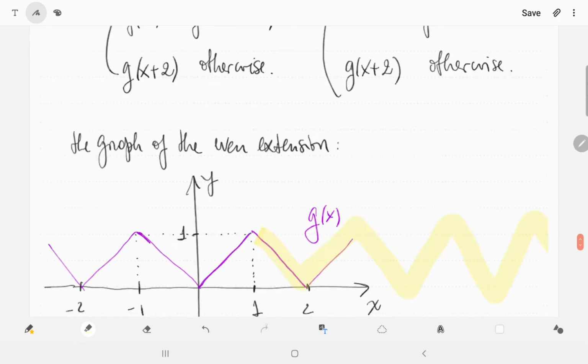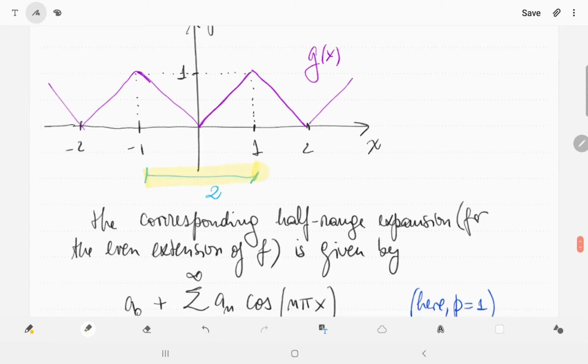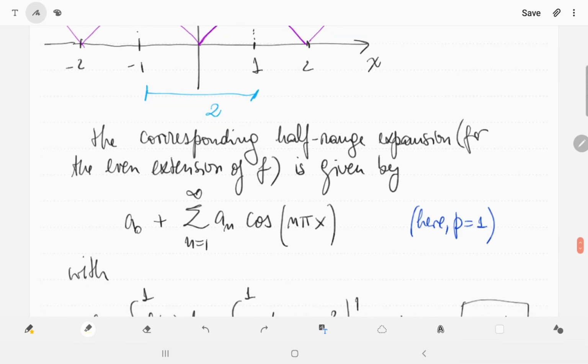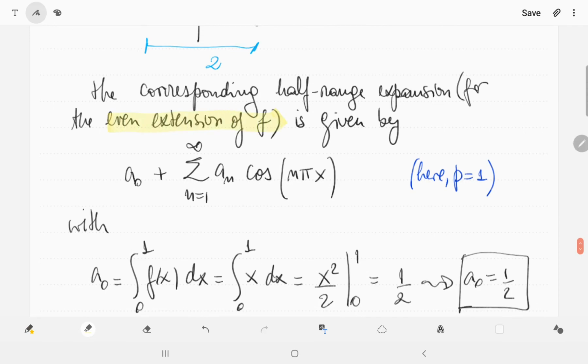The total length of the new interval is 2, and the interval is (-1, 1).